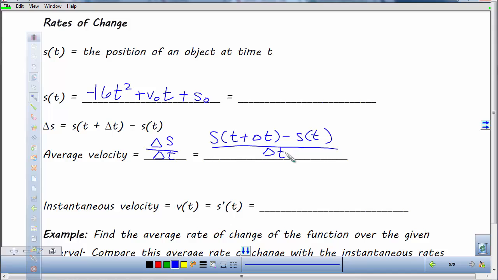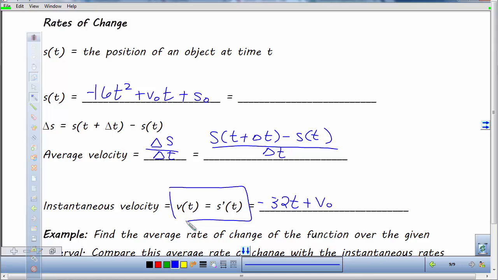The instantaneous velocity is found using the derivative of our position function. So S prime of t is equal to, in general, minus 32t plus v naught. Most importantly, if I want to find velocity, we just take the derivative of the position function.